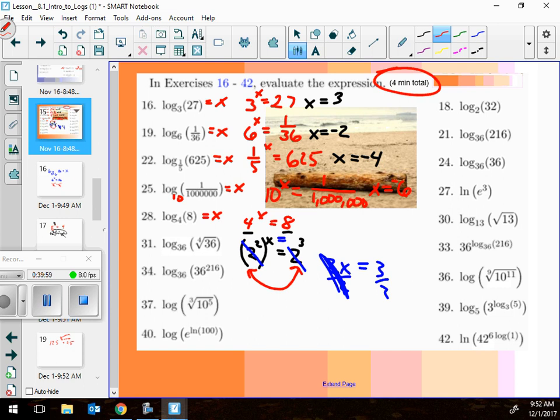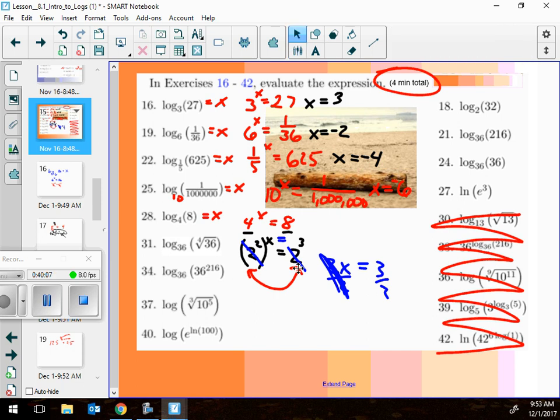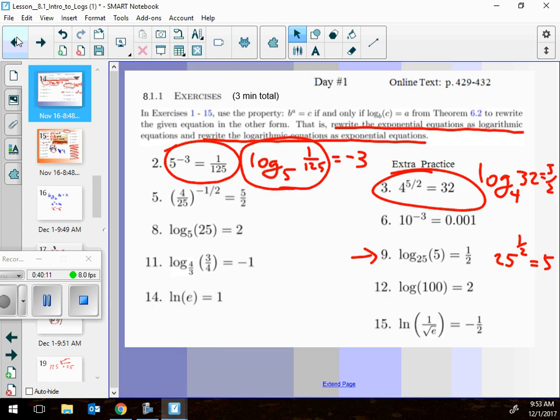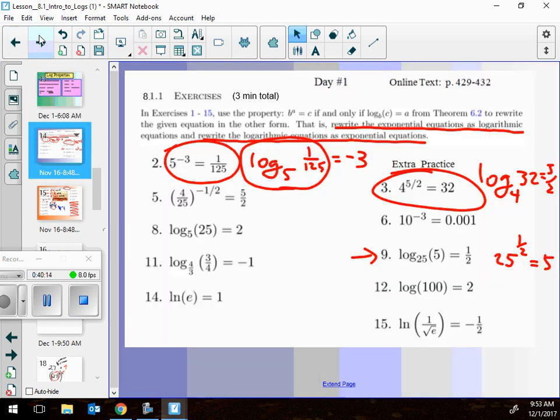We don't have to do all of these. I'm going to cut off from 30 on. Everybody cross off from 30 on. The first page of this was easier, right here. You can do that whole page. Those are just rewrites. And that's it. Finish this page.